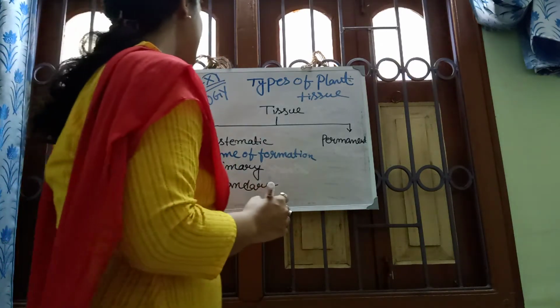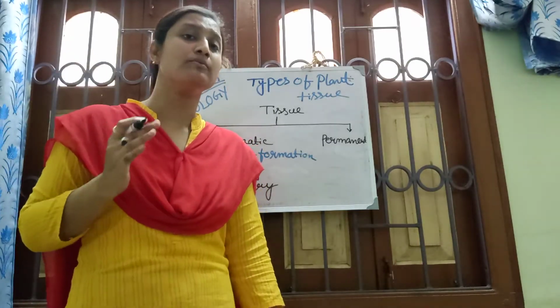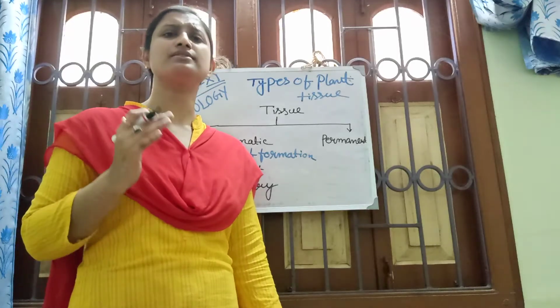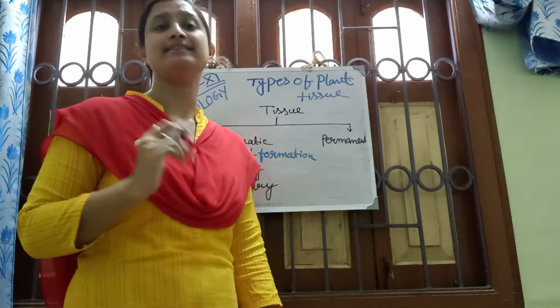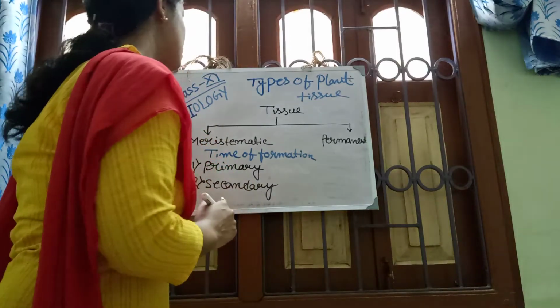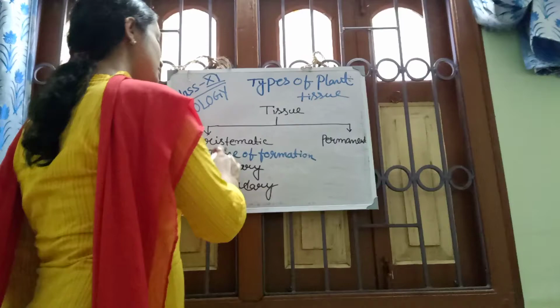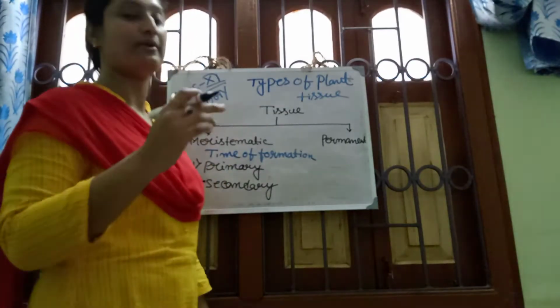Primary tissue is the first. When the first meristematic tissue is formed, it is primary tissue. The tissue formed after that is called secondary tissue. This is on the basis of time of formation.